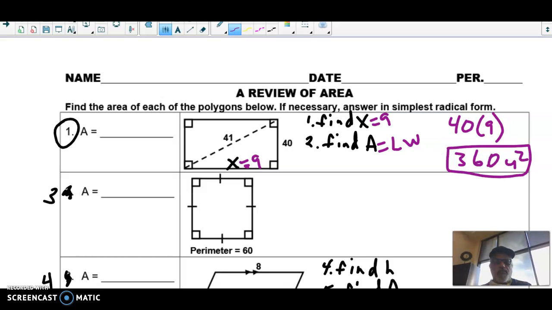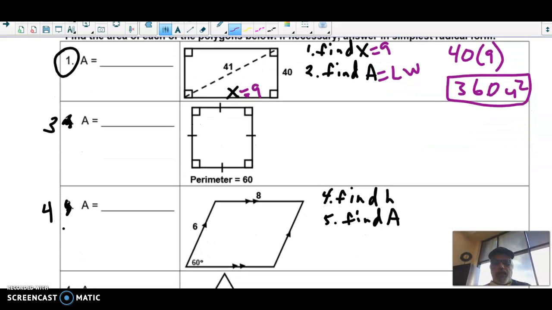Okay, and then on number 3, we got to find the area of a square. And what we got to remember on a square is all 4 sides are equal. So that means that my first step is to get one of the sides. I got to take that 60 and divide it by 4.